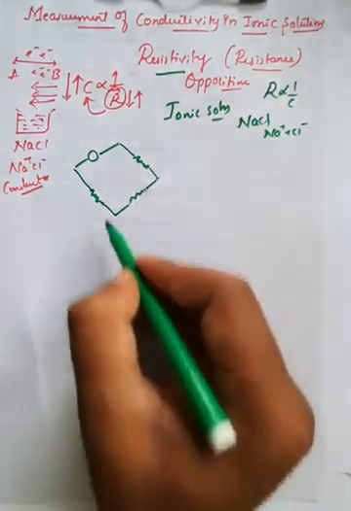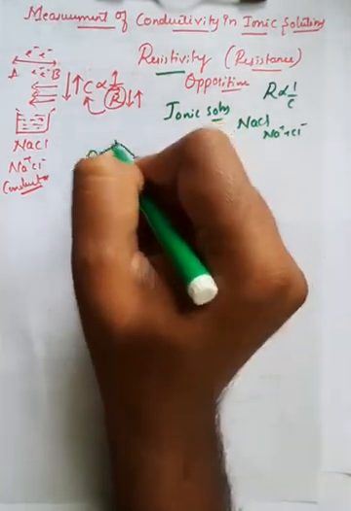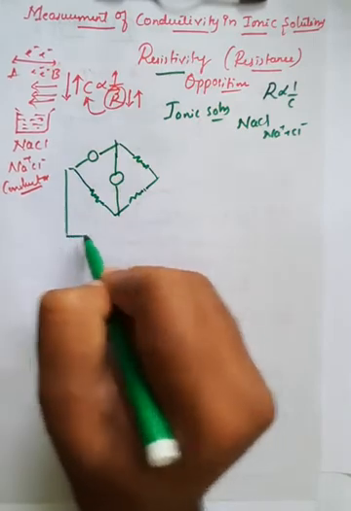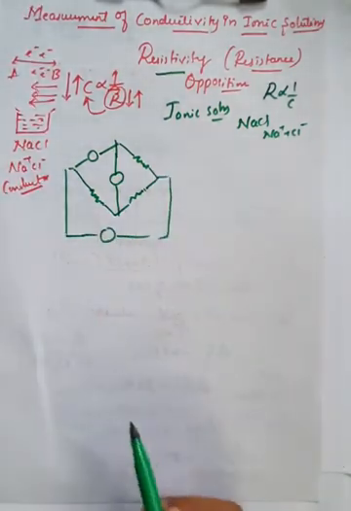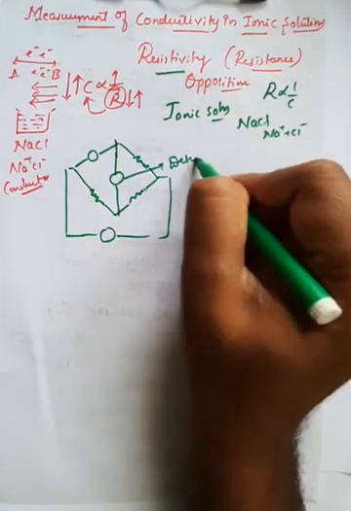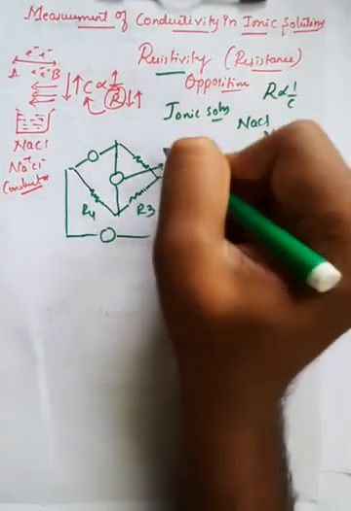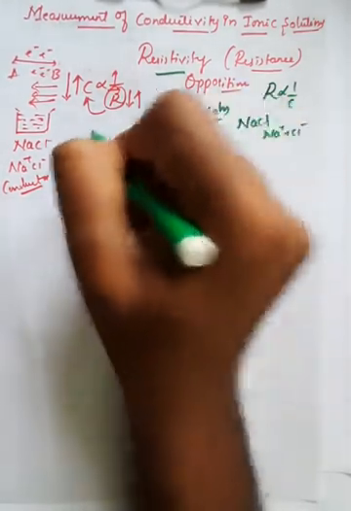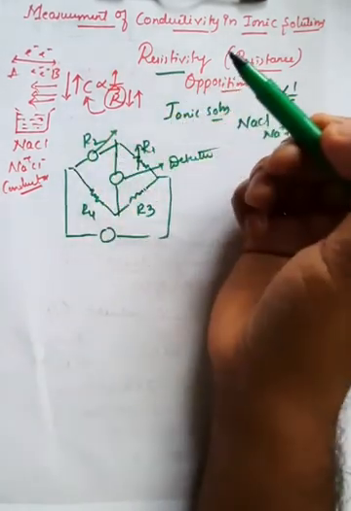Like this bridge we have seen. There were four different resistors whose resistance is calculated, and here one was a detector. So this is R4, R3, this is R1, there is a variable resistance, and this is R2.